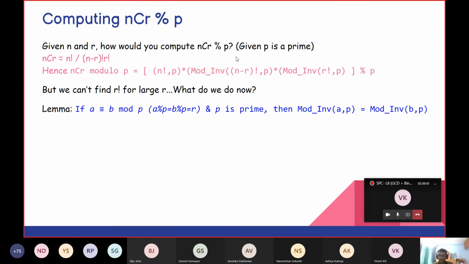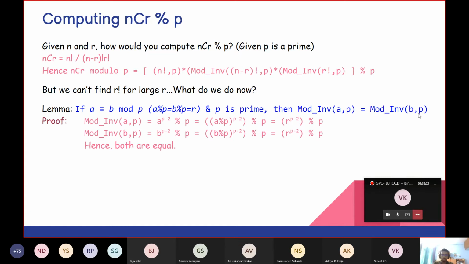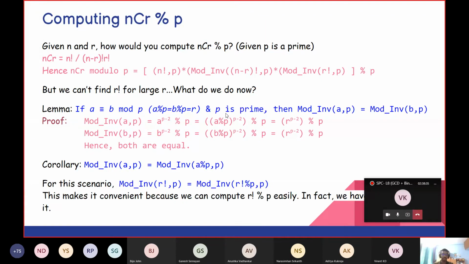So if n minus r factorial and some number alpha give the same remainder when divided by p, and p is prime, this is a prerequisite, then mod inverse of a comma p will be equal to mod inverse of b comma p. So I'll send the proof in the slides due to time constraints. So the corollary is, mod inverse of a comma p will be equal to mod inverse of a percentage p comma p. But luckily I have computed r factorial percentage p using the previous idea.